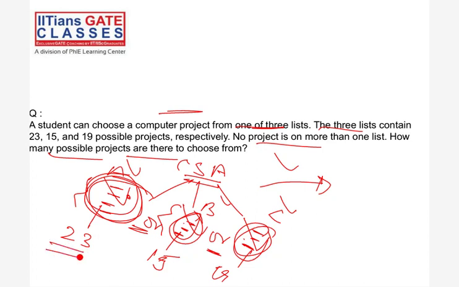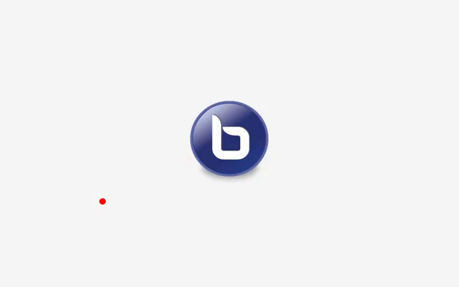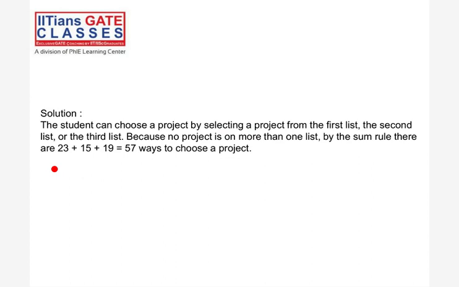There are 23 ways, or 15 ways, or 19 ways. So finally we can choose one course in this many ways. This is a very simple principle. Now let's move on to our next. So this is the solution.